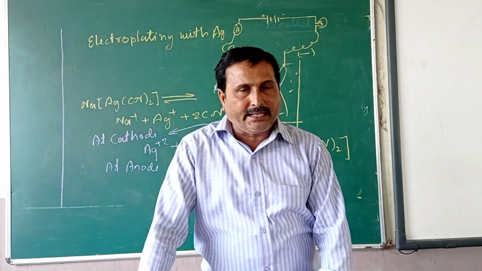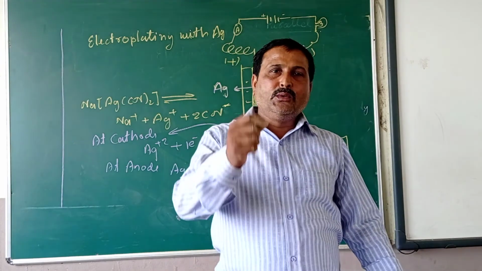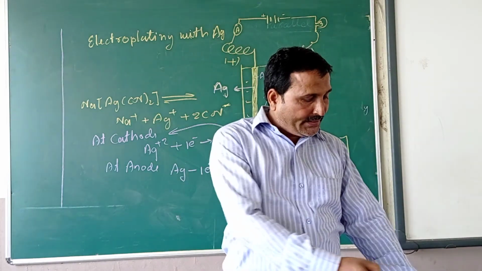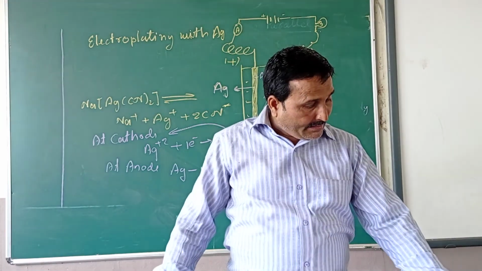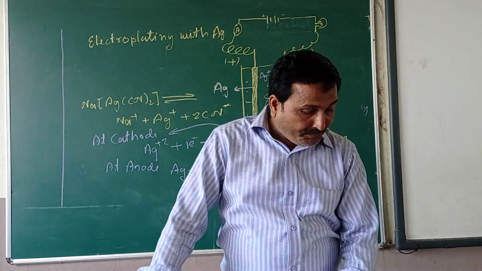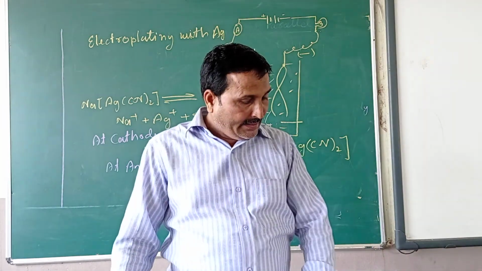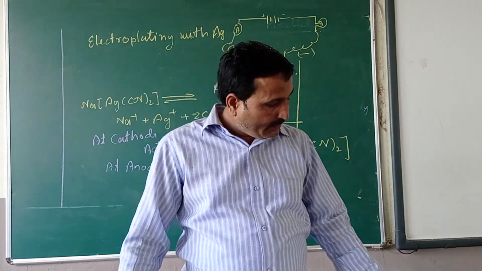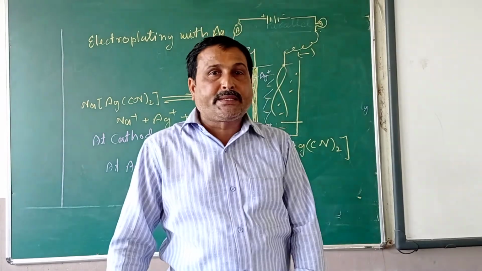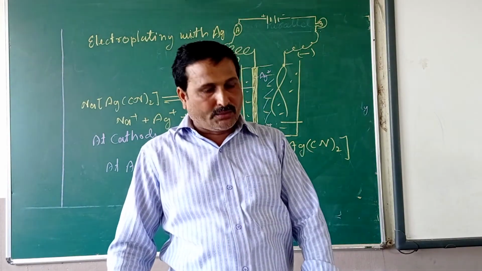After that, exercise questions are given, and many times I request that you write the answers of the board questions only. Mostly from 2015 to 2019, four years of questions, you can try to solve in your copy.